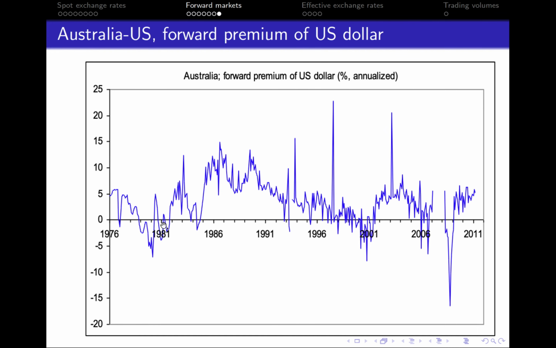But as you see, they are moving. They can actually get to very, very big numbers, ranging from almost 25% premium to less than 15% discount.